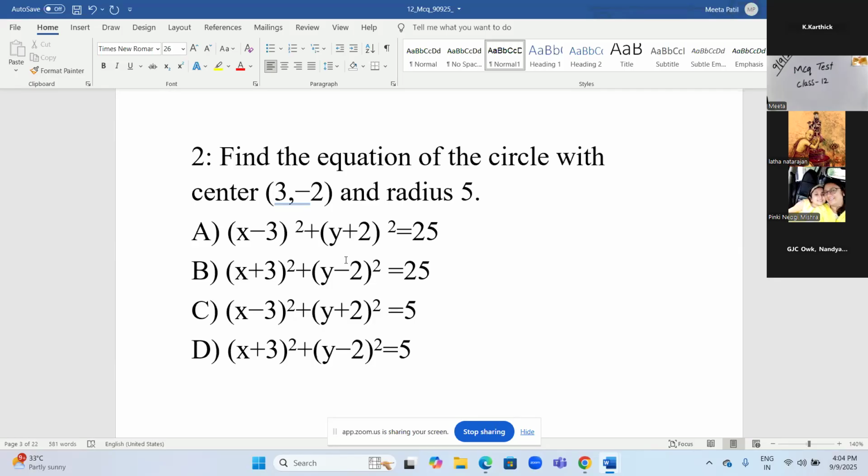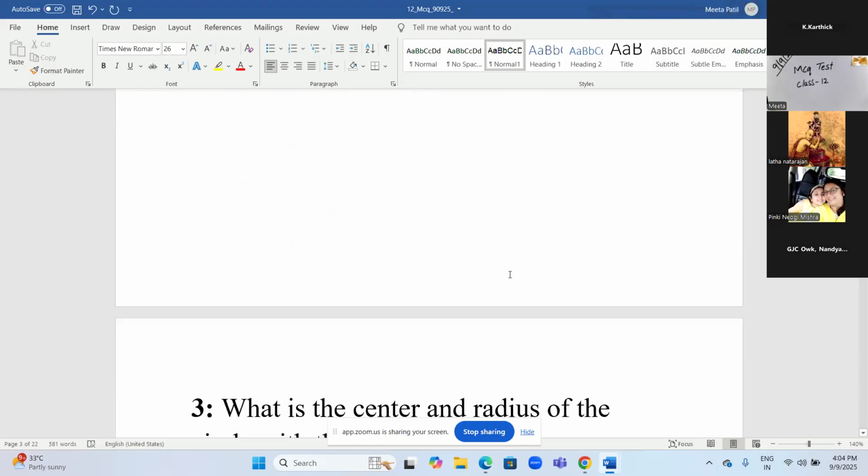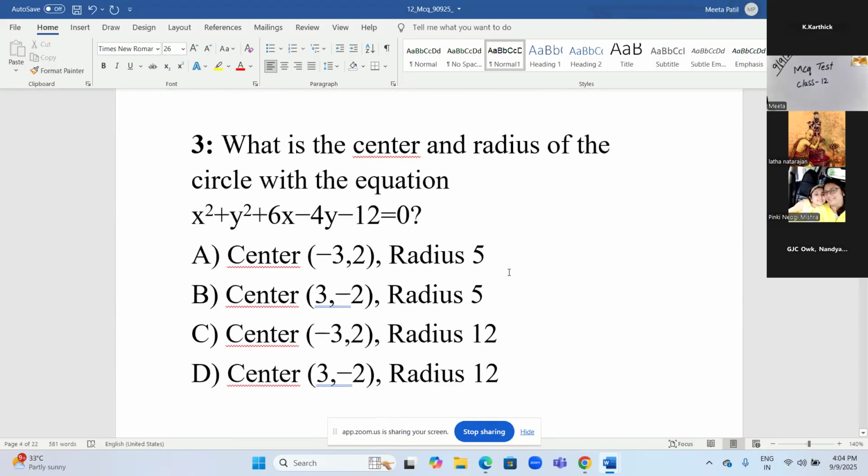Okay. So we are moving for the next question, students, now. So your next question will be: what is the center and radius of the circle with the equation x square plus y square plus 6x minus 4y minus 12 is equal to 0.